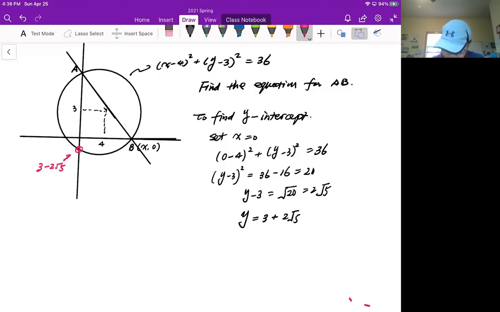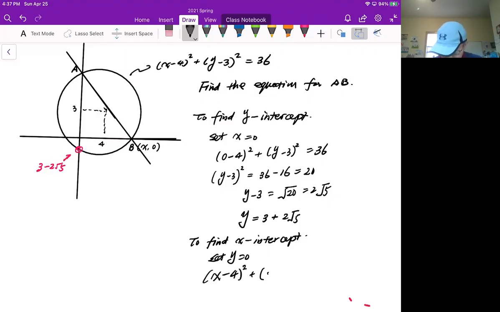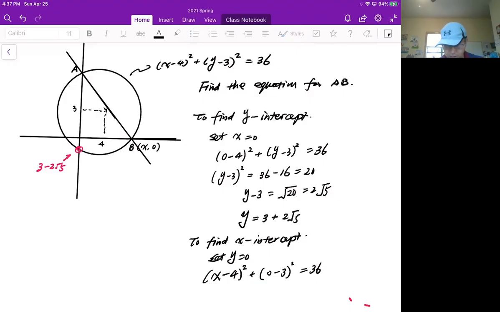And similarly, to find the x-intercept, I'm going to set y equals 0. So it's x minus 4, take a square, and then 0 minus 3, take a square, equals 36. Let me quickly do that. I think many of you can do this.